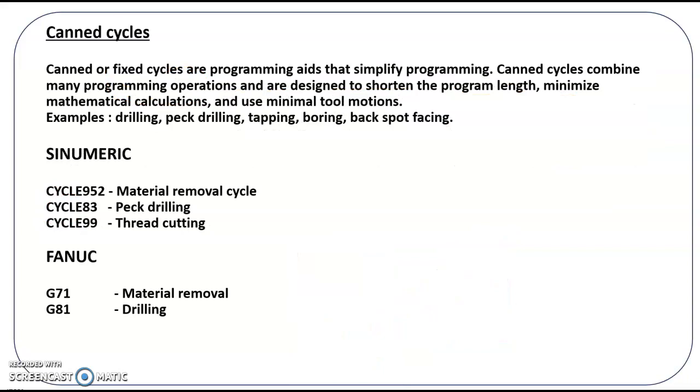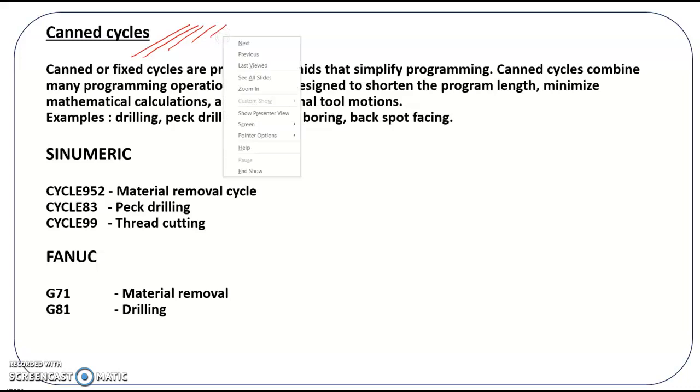Subprograms are written by the operator, but we are now discussing another type of program known as canned cycles. This is also used for reducing the length of the programming, but canned cycles are defined by the manufacturer. So they have some predefined structure. We only need to enter some variables, and all other lines are pre-written by the manufacturer.